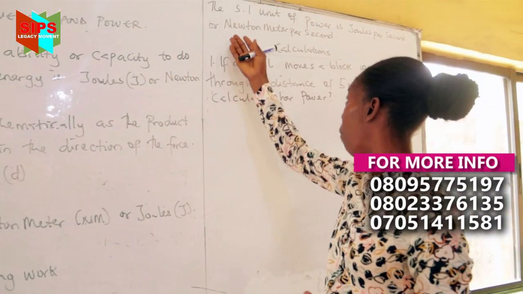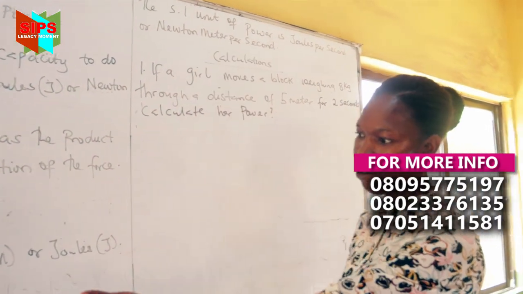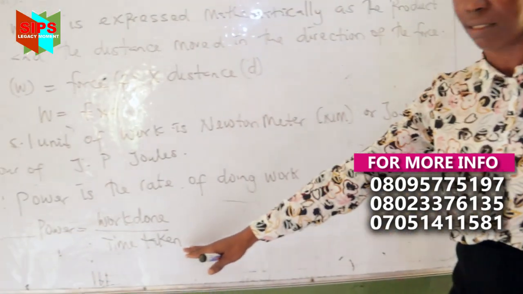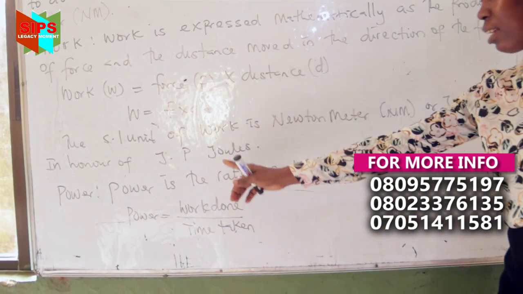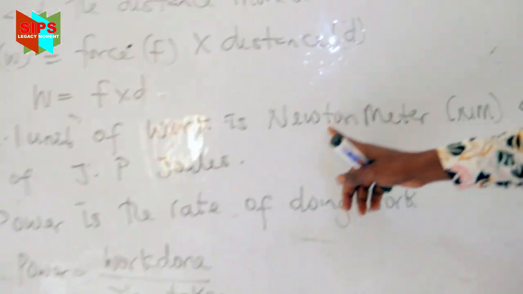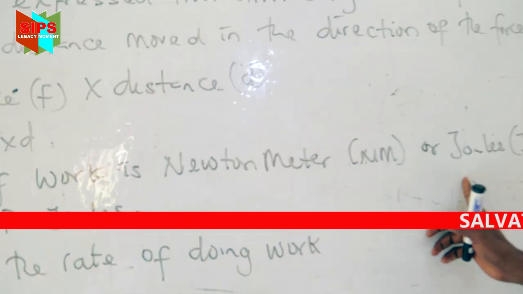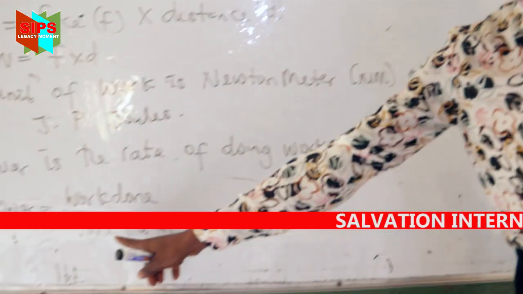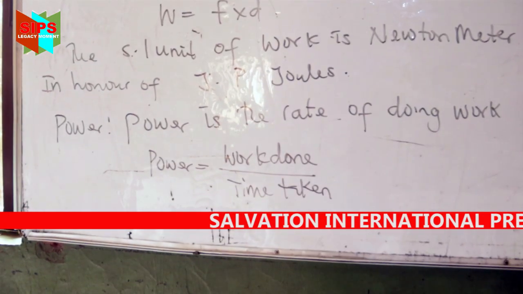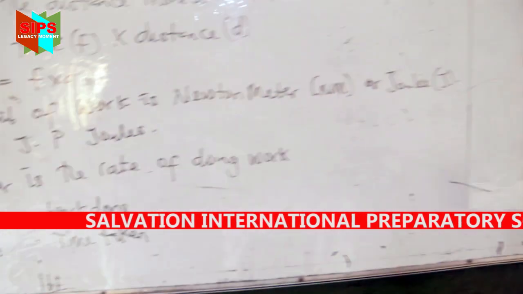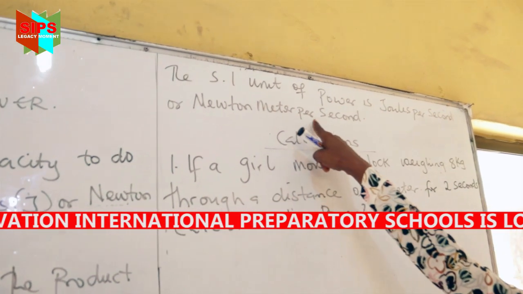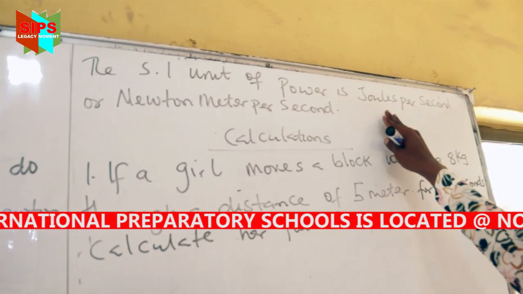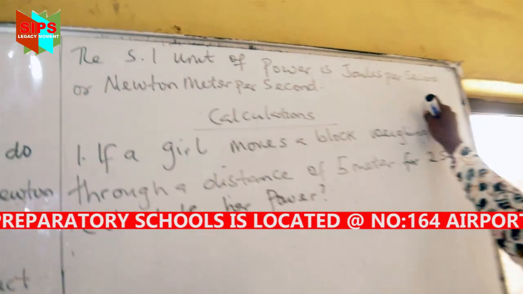Again, the SI unit for power, from the formula work done over time taken, we already know that the SI unit for work done is Newton meters or joules, and the SI unit for time is seconds. So the SI unit for power becomes Newton meter per second or joules per second.